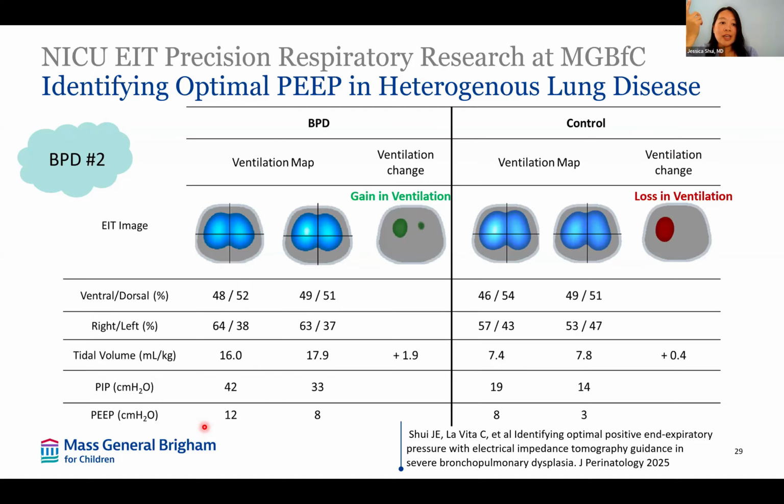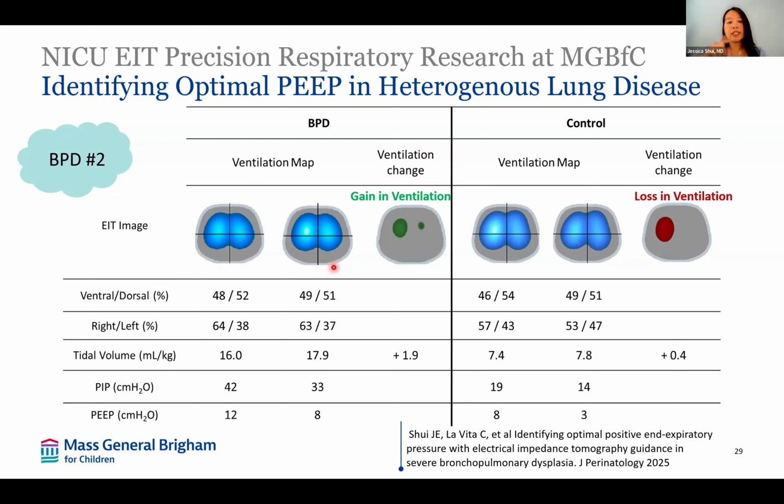But that's where EIT was really helpful in this case, because it was very powerful to see the images and to see, as you change it in real time, whether you were improving gains in ventilation or causing atelectasis, to help give confidence to the team that the baby's lungs were tolerating it.